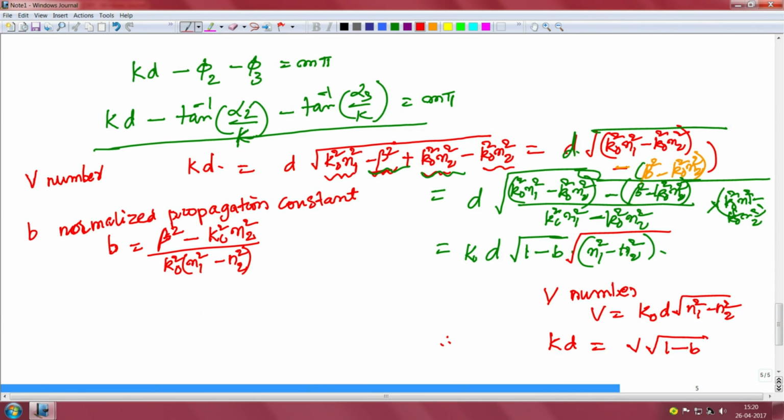I am starting with each of these terms. This k0 d is the V parameter, square root of 1 minus b.